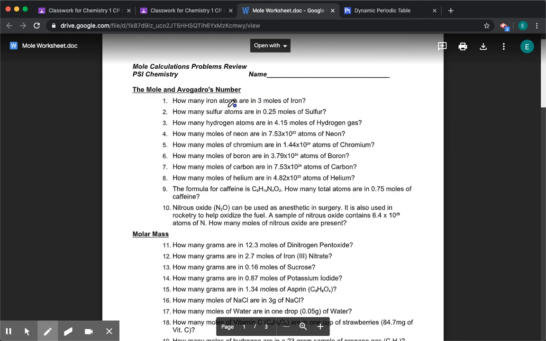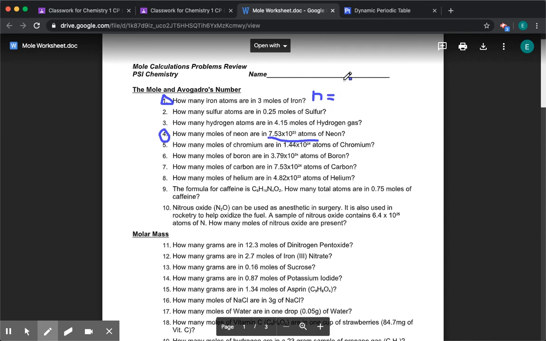And let's do one where we're going from atoms to moles. So here, then number 4. So that was number 1. We did number 1, and now I'm also going to do number 4. How many moles of neon are in this amount? So we know how many atoms we have. We want to find out how many moles that is. So n is equal to big N, which is the number of atoms.